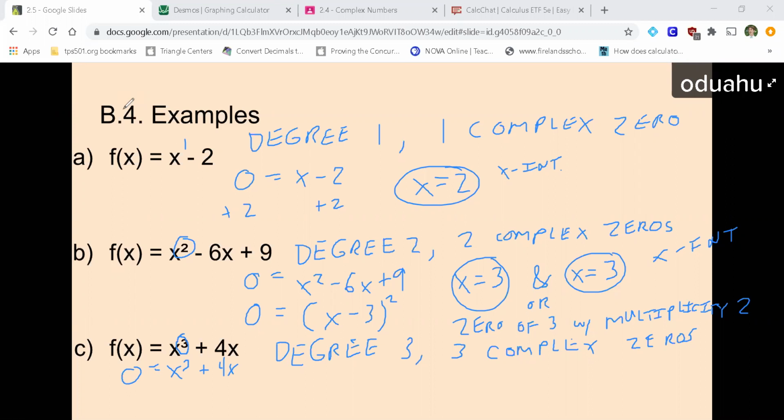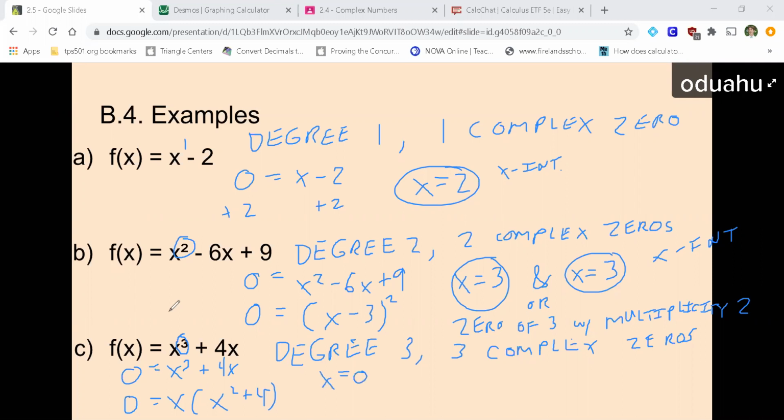Whenever you try to solve a polynomial with a degree higher than 2, you should always try to factor. For this one, it looks like I can factor out x, which would leave me with x squared plus 4. And now that I have this down to a linear factor and a quadratic factor, I can separate these and set them both equal to 0.